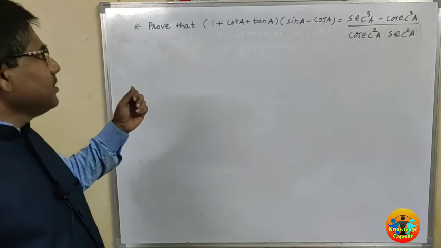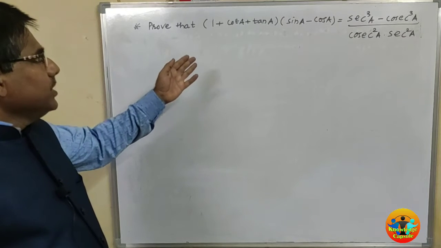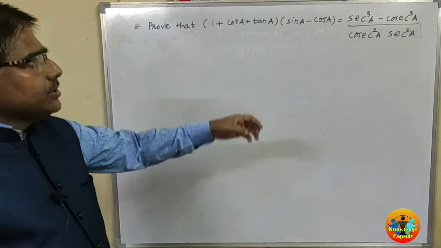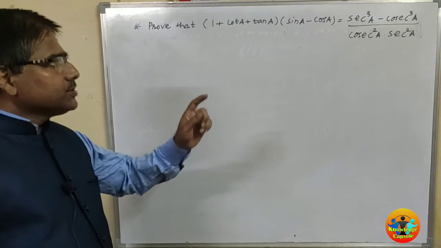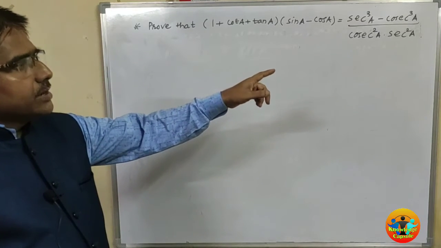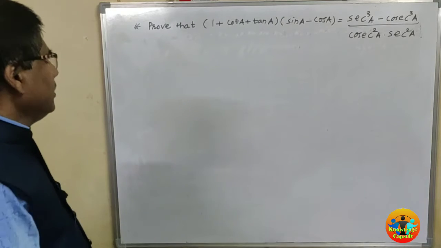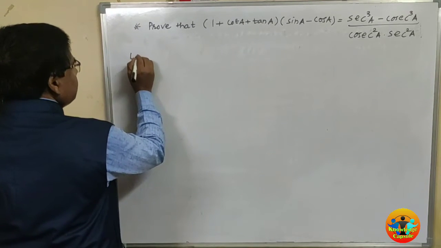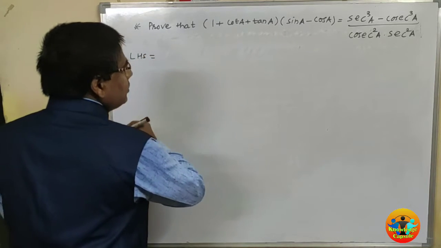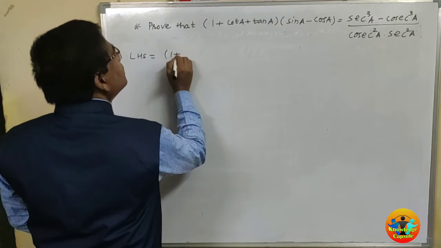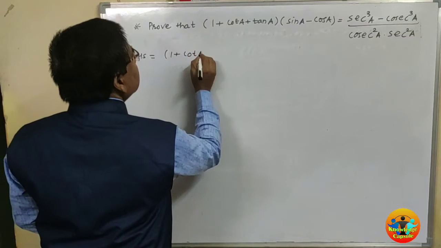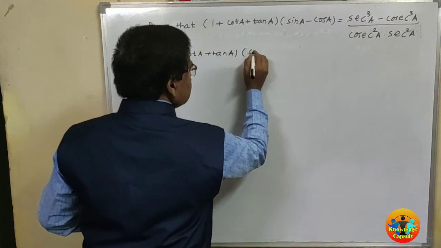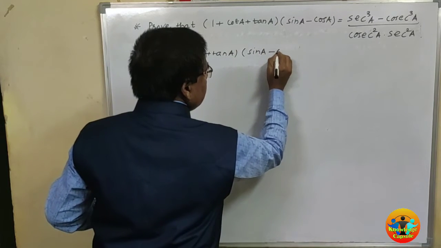This is the next problem. Prove that (1 plus cot A plus tan A) into (sin A minus cos A) is equal to (sec cube A minus cosec cube A) upon (cosec square A into sec square A). Let us take the left hand side of the equation. LHS is equal to (1 plus cot A plus tan A) into (sin A minus cos A).